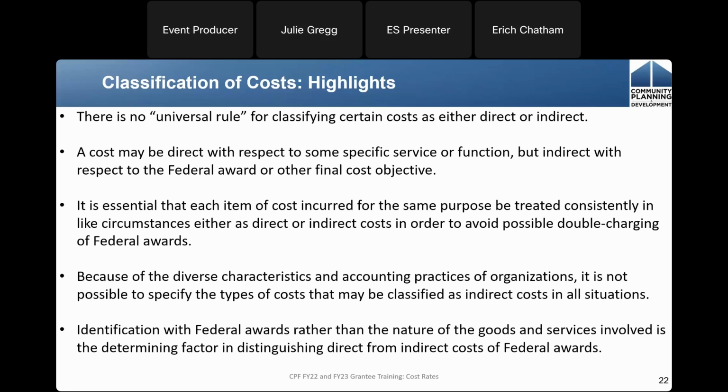So we're going to give you examples of typical indirect costs, but that may not be fully exhaustive for everyone on the call today. With respect to federal awards, identification of costs should be in relation to the federal award rather than specifically the nature of the goods and services involved in determining whether the cost is a direct or indirect cost. Next slide, please.